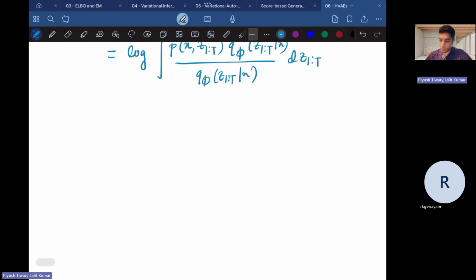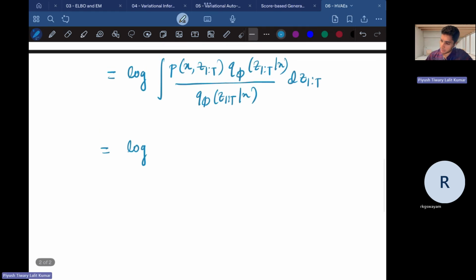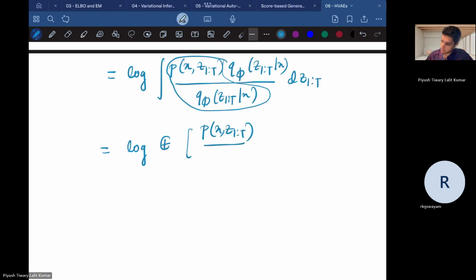Now, this thing inside the log is actually the expectation of what? The expectation of this quantity right here, which is P of (x, z1 to T) over Q phi of (z1 to T given x).